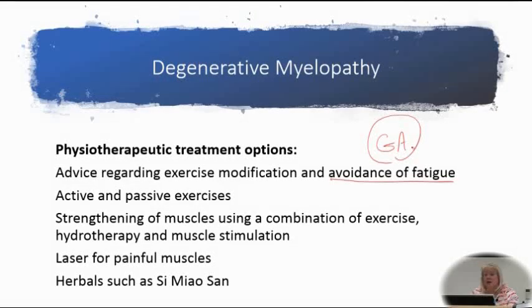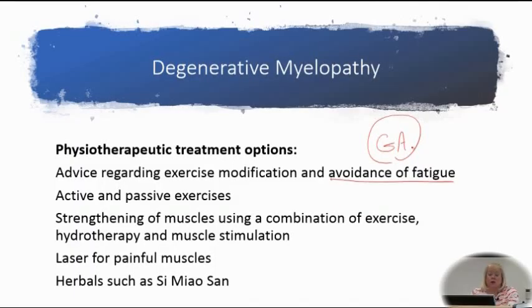If we're doing active and passive exercises, we need to do only so much and no more. The passive exercises aren't bad, but too much active exercise, too much stress and strain is very difficult for these dogs. Strengthening of muscles, we need to use a combination of exercises. So a combination rather of exercise, hydrotherapy, and muscle stimulation.